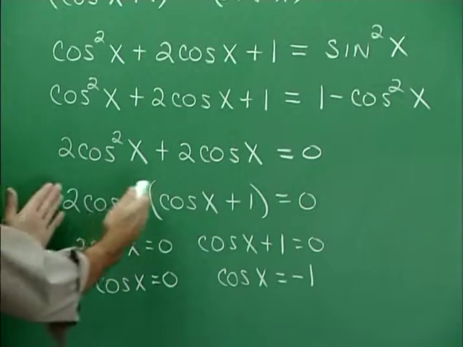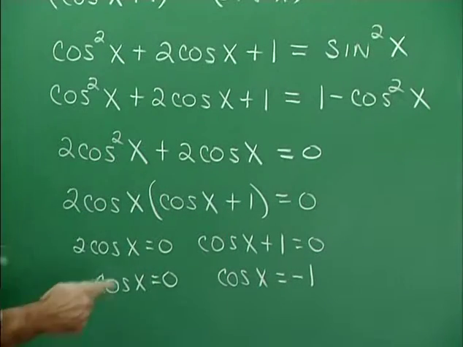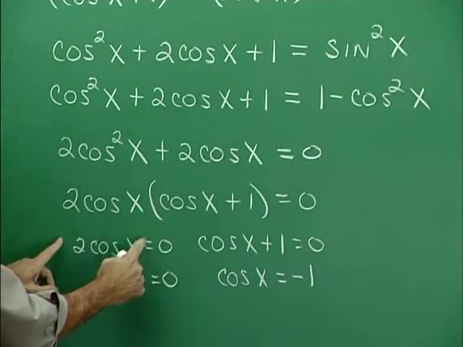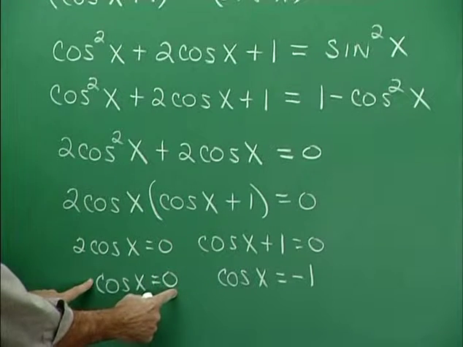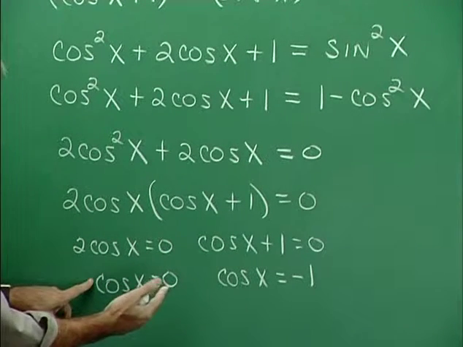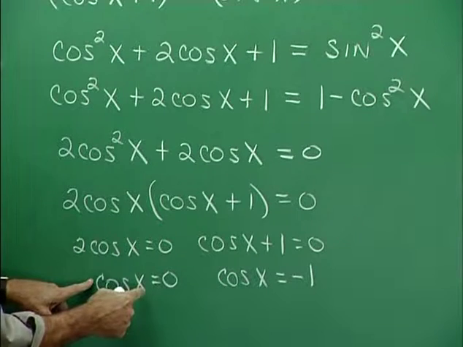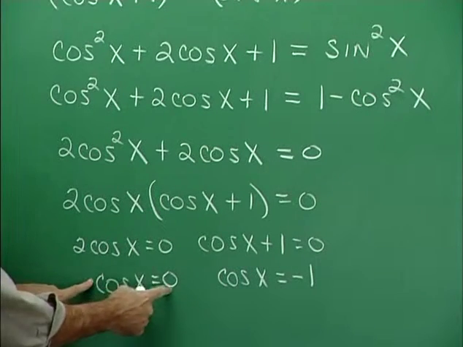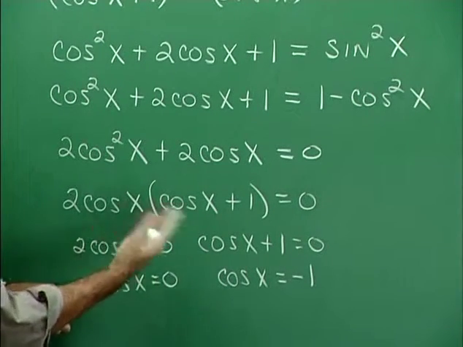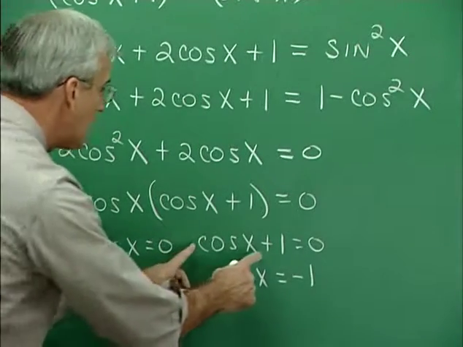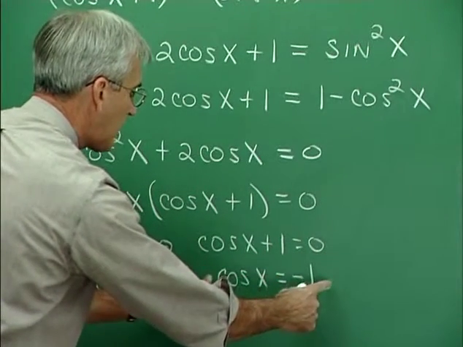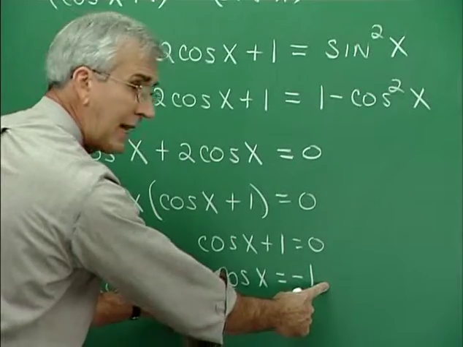And now I set each of the factors equal to 0 and evaluate. If I set 2 cosine x equal to 0, then cosine x is equal to 0, dividing on both sides by 2, you see. And so I want the angle whose cosine is 0, and we're going to identify that using the graph. And over here I have cosine x plus 1 is equal to 0. Subtract 1 on both sides. I find cosine x to be -1.